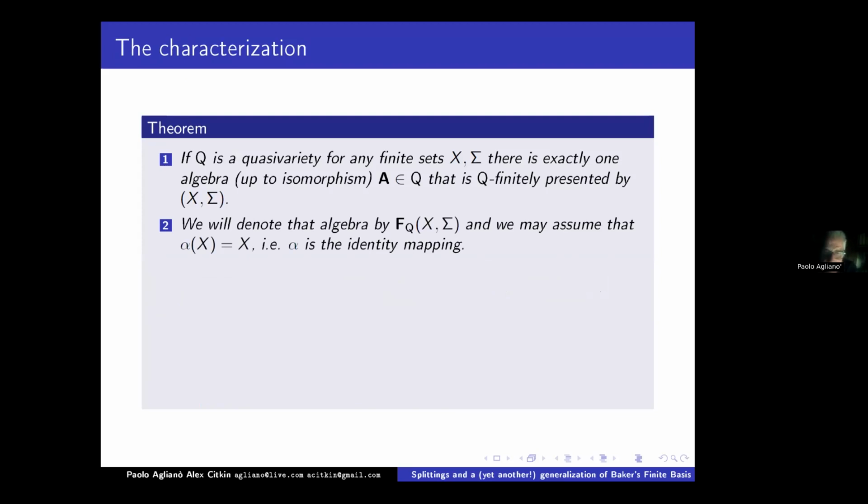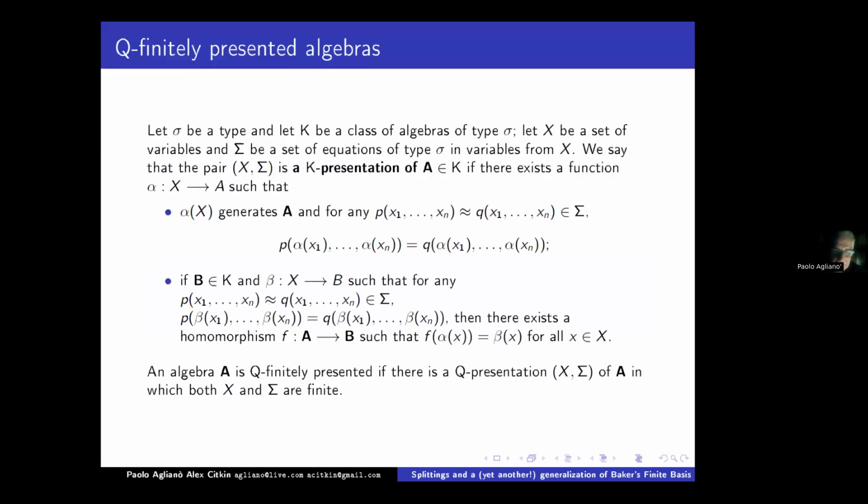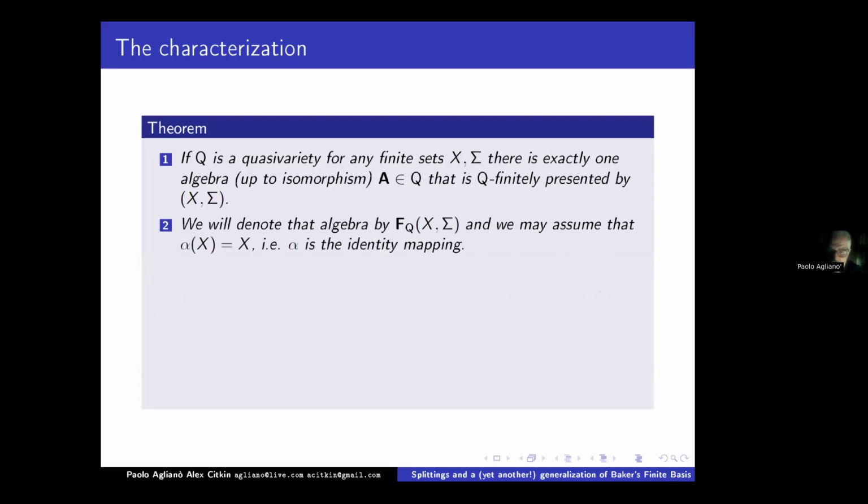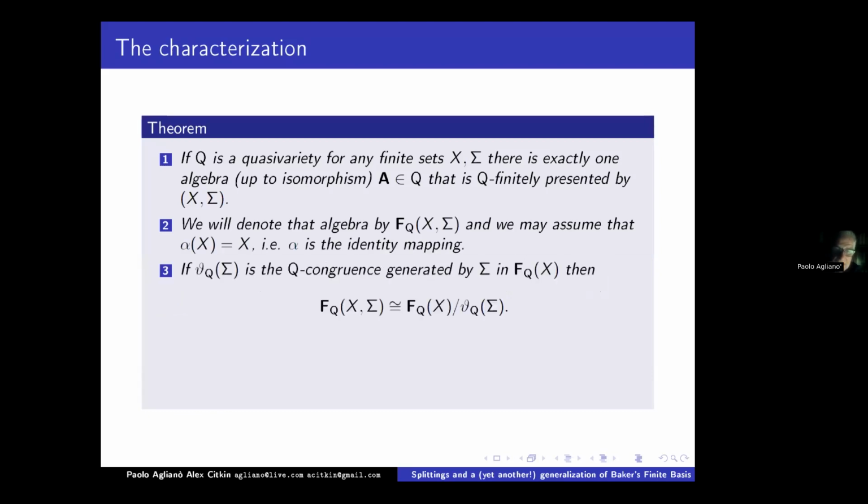We can denote this algebra by FQ of X sigma, and we may assume that the embedding we were defining here can be taken to be the identity. And if this is the Q congruence generated by sigma in FQ of X, the free algebra over X variables in Q, then this is exactly the quotient of the free algebra by that congruence.